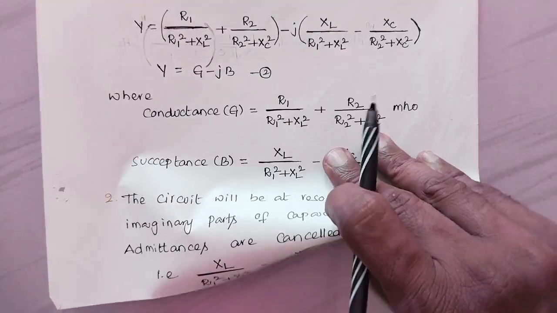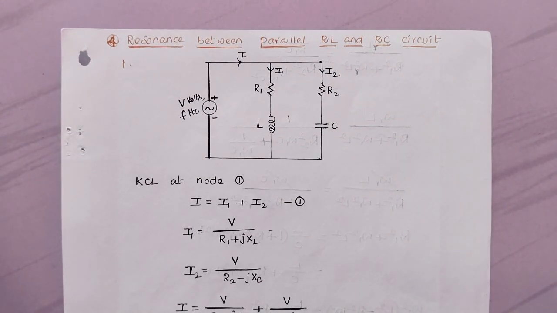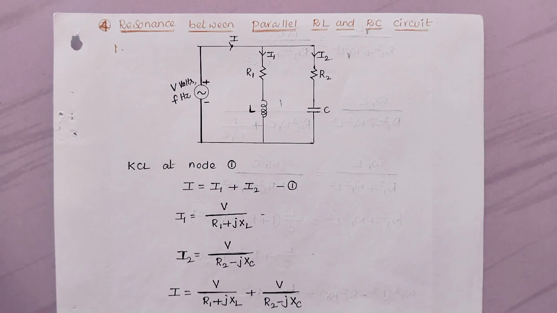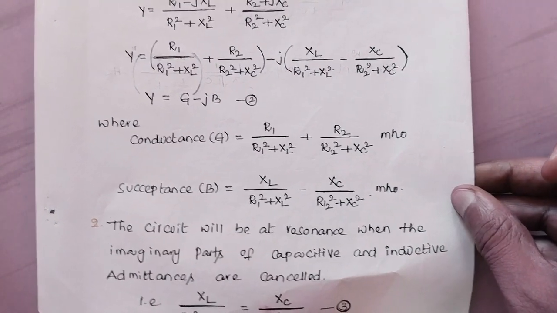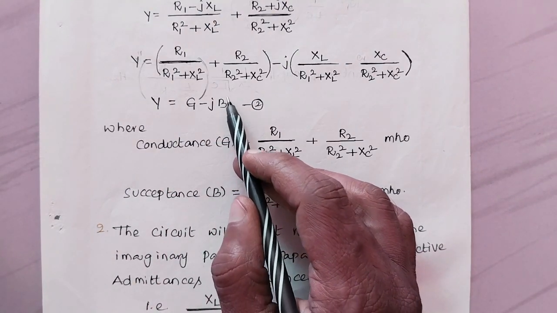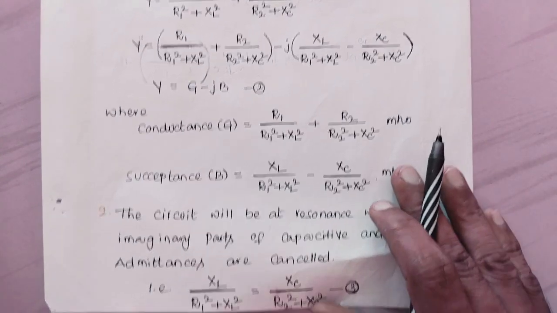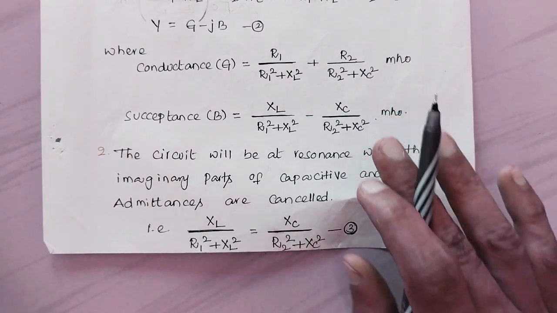Now the circuit will be at resonance. Resonance means the imaginary part should be 0, that is, the reactive part should be 0. Here it is the susceptance part that is 0 in the admittance. Susceptance becomes 0 at resonance, so we equate susceptance to 0.